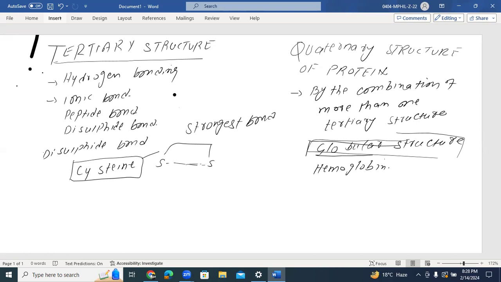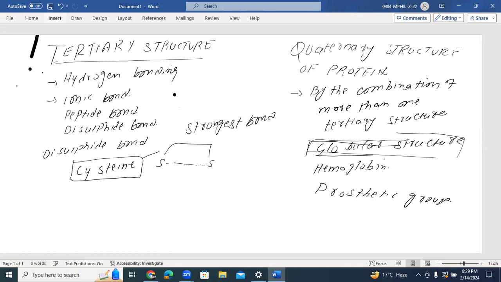Any structure which is not made up of amino acids but is part of a protein is called a prosthetic group. I'm writing it here.